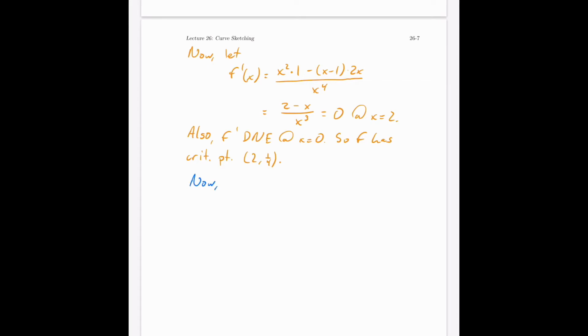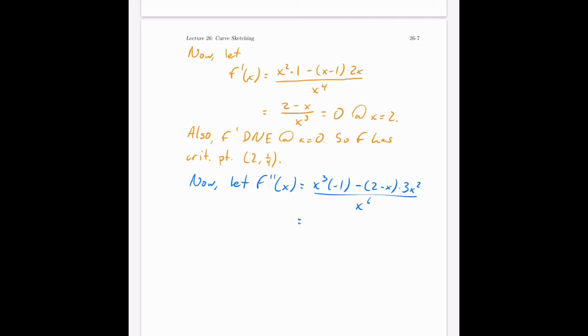Now, let f double prime of x equal 0 as well. Well, we're going to take that derivative, right? We're going to get low d high minus high d low all over low squared.